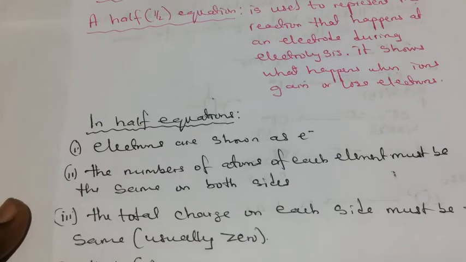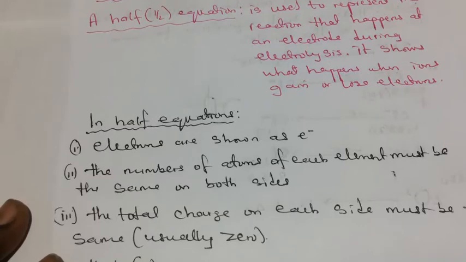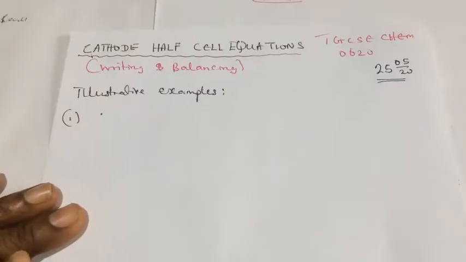Let's look at how you can write a cathode half-cell equation for the following cations. This is the cathode half-cell equations, writing and balancing. This is a subtopic that you're required to know, especially when you are studying electrolysis.